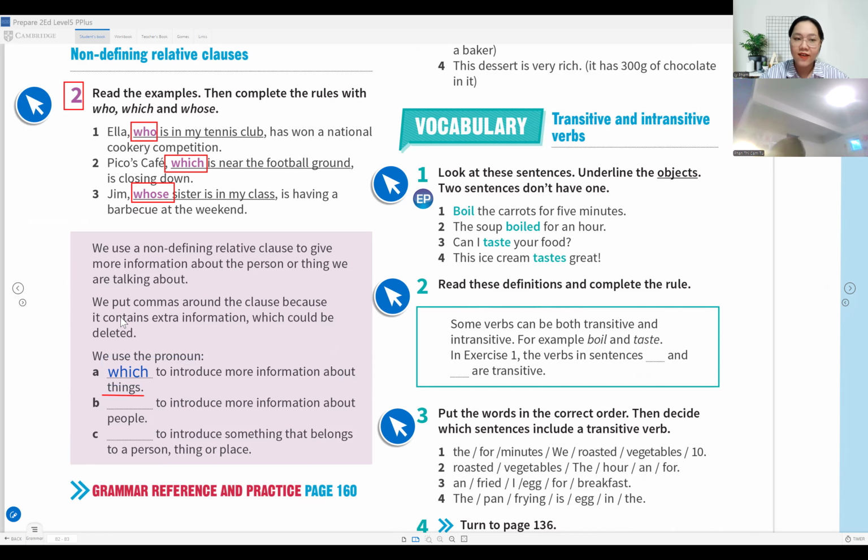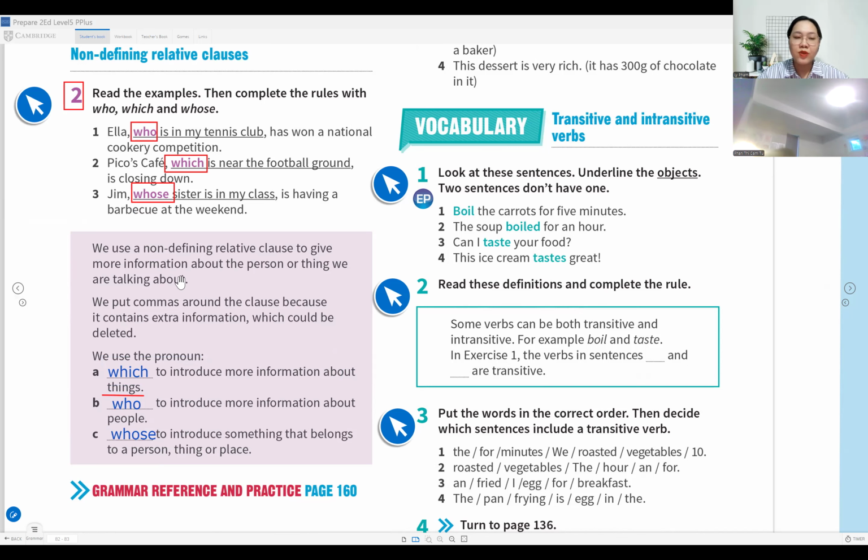And what else? We have who to introduce more information about people. Great. That is who. Whose to introduce something that belongs to a person, thing, or place. That's great. That is whose.